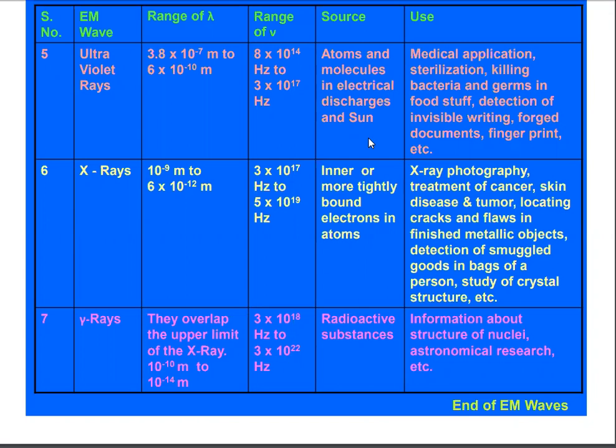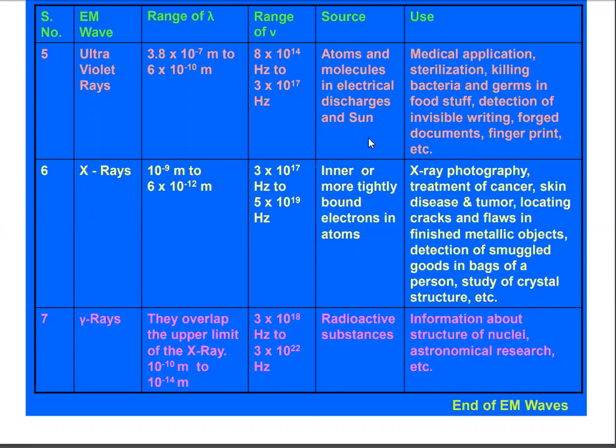Inner, more tightly bound electrons in an atom are the basic source of X-rays. Remember, inner or more tightly bound electrons in atoms are responsible for X-ray production.